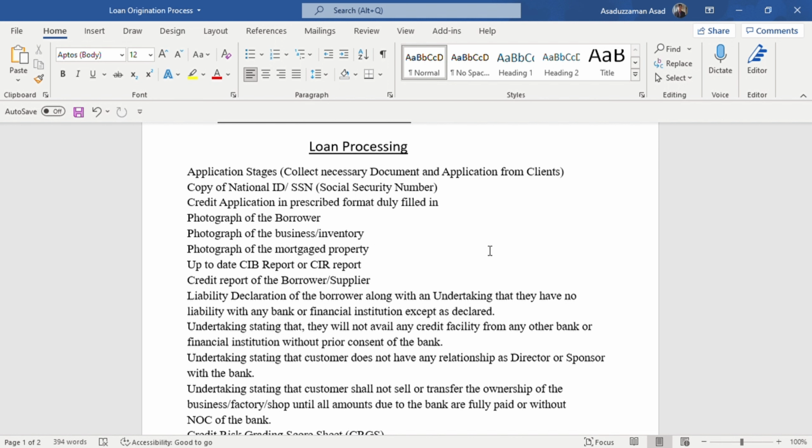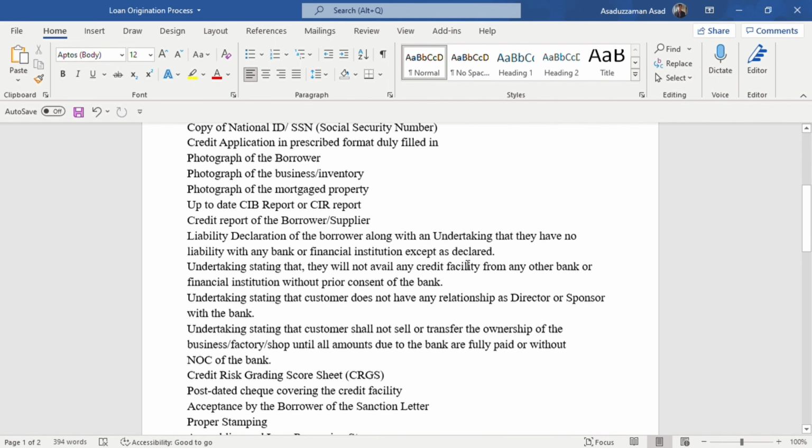Undertaking stating that the customer does not have any relationship as director or sponsor with the bank. Undertaking stating that the customer shall not sell or transfer the ownership of the business, factory, or shop until all amounts due to the bank or financial institutions are fully paid, or without a non-encumbrance certificate of the bank.